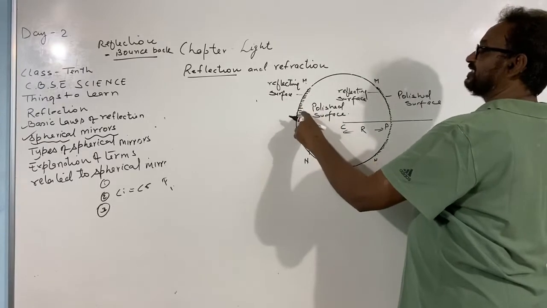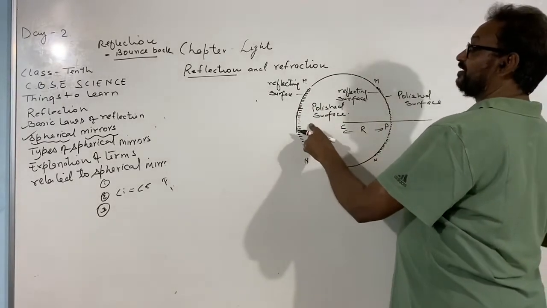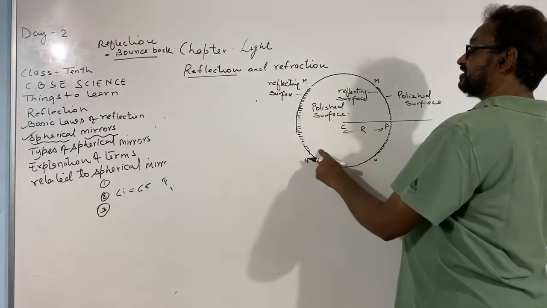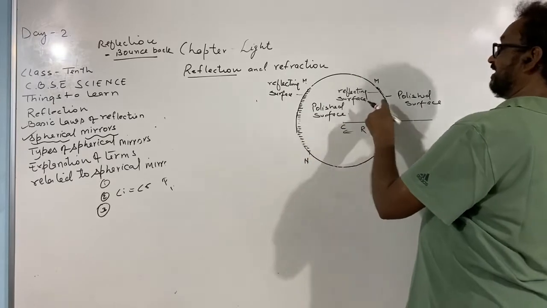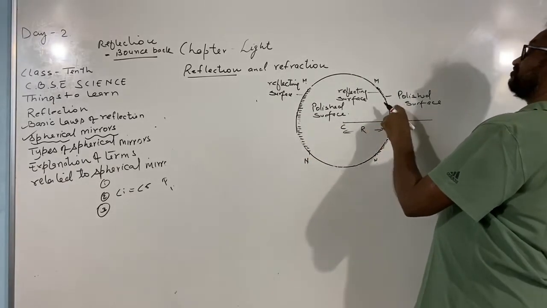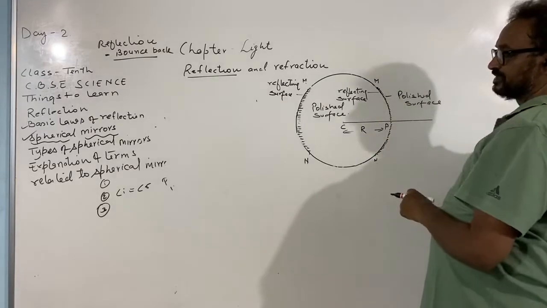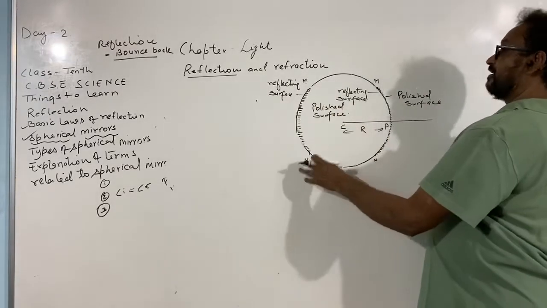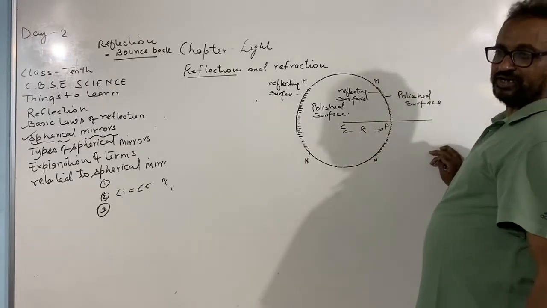One surface is silver polished. In this case, the inner curved surface is silver polished, and in this case, the outer bulging surface is silver polished. MN represents a spherical mirror.